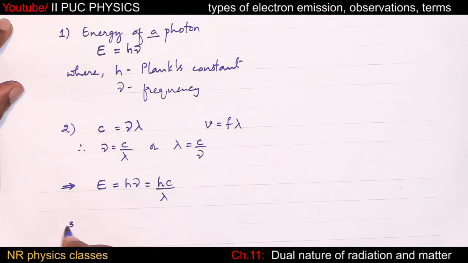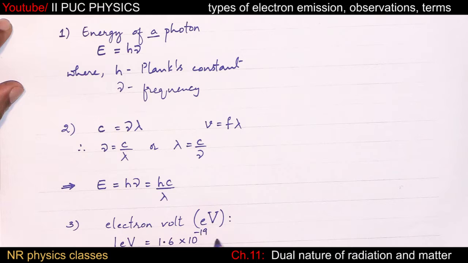Third concept, electron volt. Denoted by small letter e, capital V. This electron volt is a unit of energy. So 1 electron volt equal to 1.6 into 10 to the power of minus 19 joule.